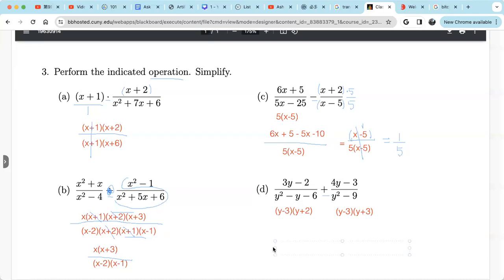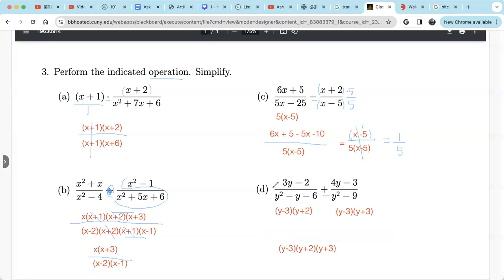So the common denominator is y minus 3, y plus 2, and y plus 3, right? 3 factors, common denominator. Then the numerator, so basically we multiply what's missing in the first one.